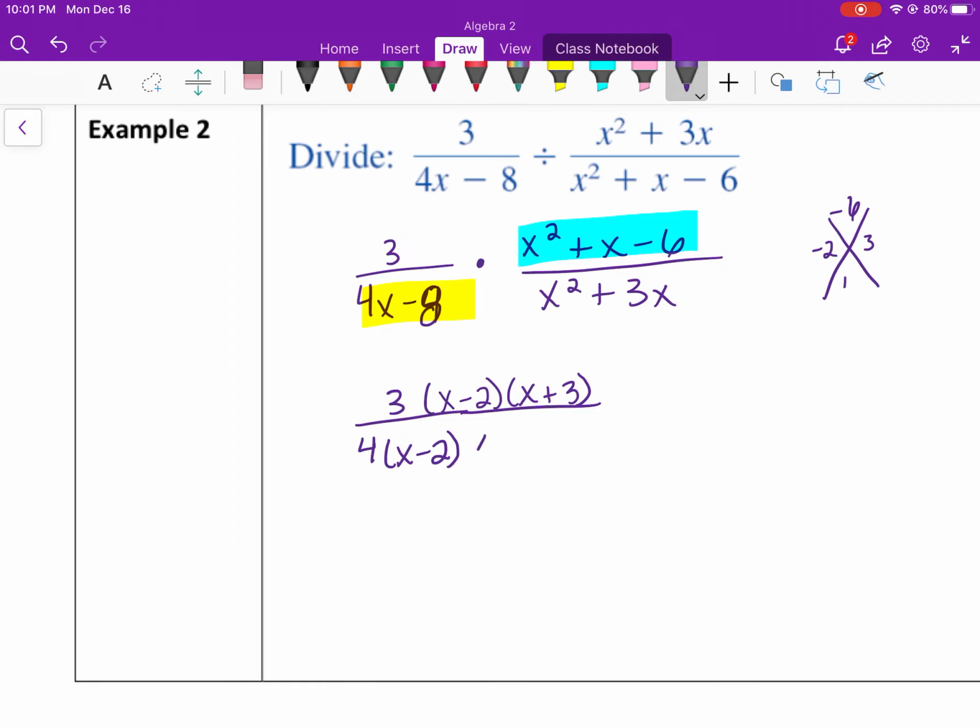And then the last one here, I can take out an x, and then I'm left with an x plus 3. So it looks like I have an x minus 2 and an x minus 2, and then the x plus 3 simplify to 1 as well. So that leaves me with a 3 on top and a 4x in the denominator. And that is as far as I can go with that one.